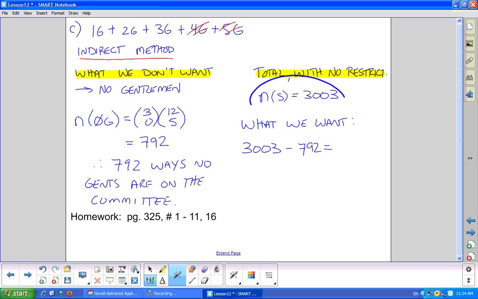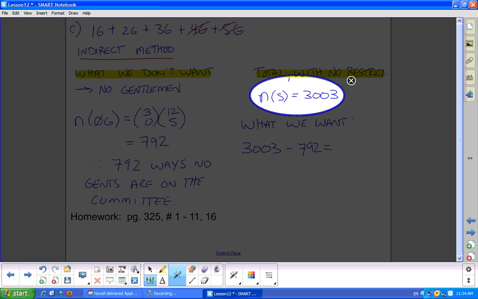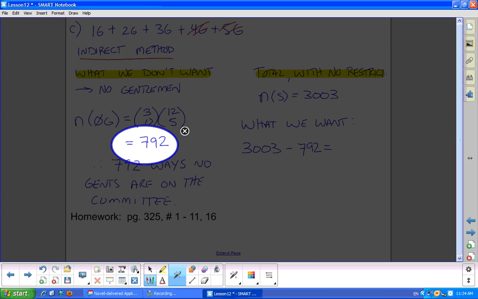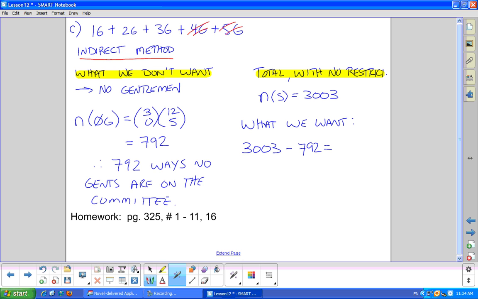So we know that there are 3,000 committees out there that exist. We know out of those 3,000, 792 have no men. That's exactly what we don't want. So if we subtract the two from each other, what we're left with is what we want, at least one male on the committee. So that means that there are 2,211 ways that will have at least one gentleman on the committee.